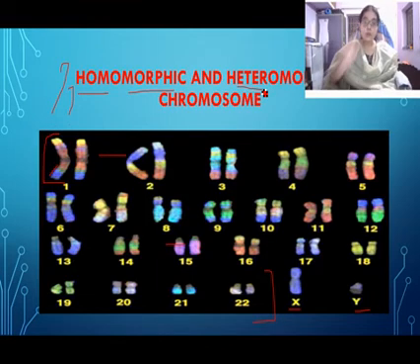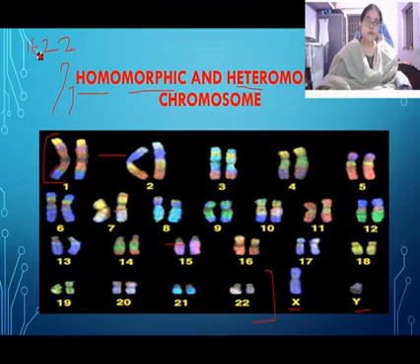Why are they homomorphic? Because they are similar in appearance and in structure. Chromosomes 1 to 22 are homomorphic, whereas X and Y are the sex chromosomes and are heteromorphic.